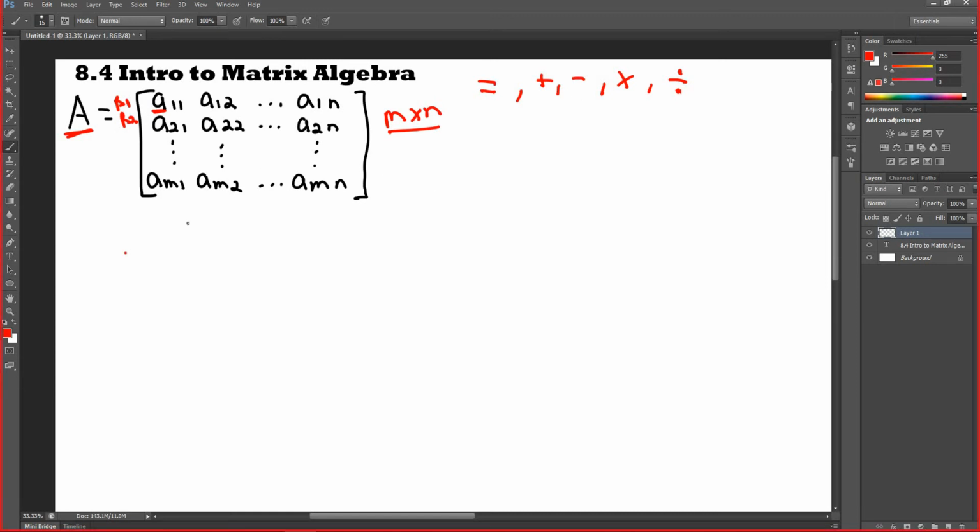When we talk about two matrices being equal, I need to change this to the normal. If I had A is 1, 2, 3, 4.